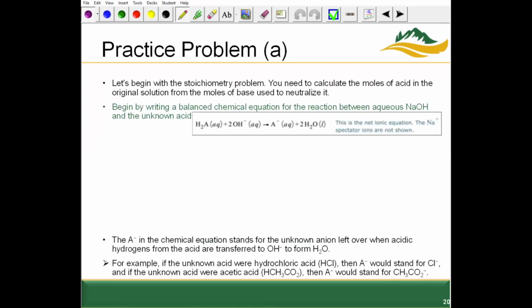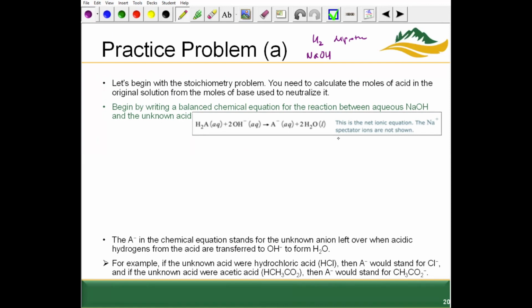So let's practice writing out a balanced chemical reaction. All we know from the problem is we have a diprotic unknown acid and we have sodium hydroxide, a strong base. Let's try to piece these together.